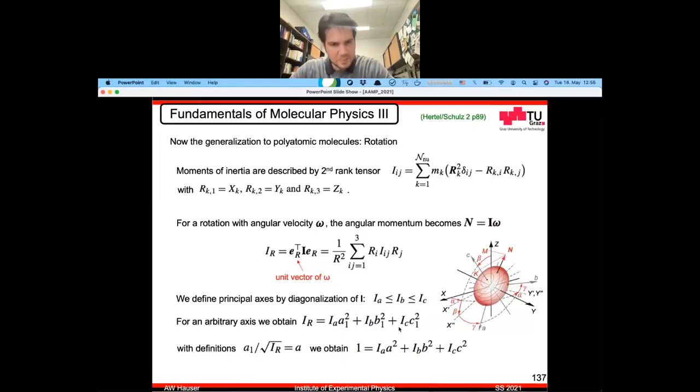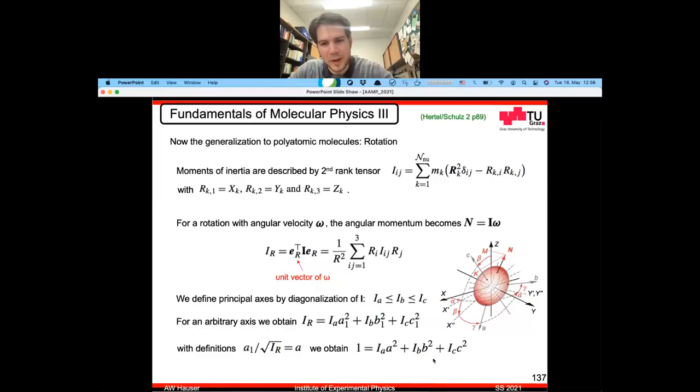So I'm basically simplifying this a little bit, and visually it means that I can do one more step. If I define a new coordinate, saying we switch from some A1, B1, C1 to a new coordinate A, which is simply the original coordinate that we obtained from this diagonalization, but now also rescaled by division through the square root of the moment of inertia, I'm getting this expression here.